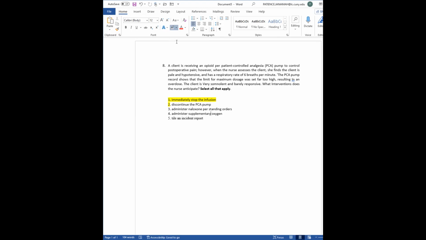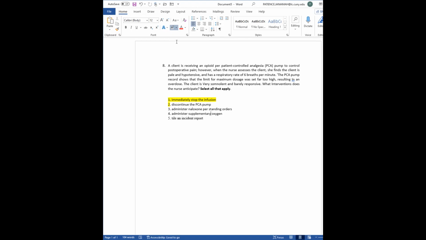So if you stop the pump, why do you come back to discontinue it? So what I said is that nurses don't discontinue medication. The pump is a medication. It has an order in the computer. You carry it out. So the safest action for you, the nurse, to do right now is to stop the patient from getting the medication right now.